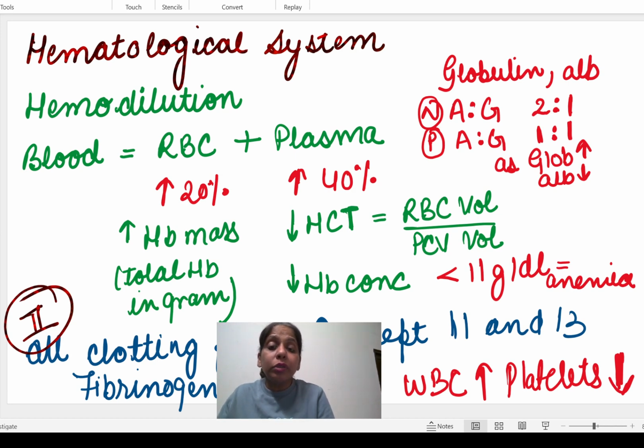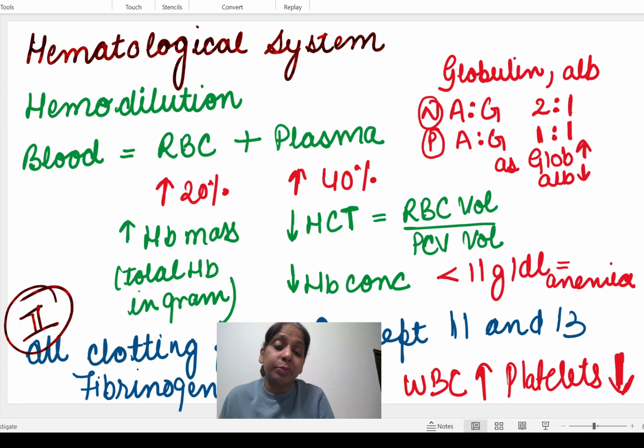There is an increase in the HB mass, but the total HB concentration decreases.